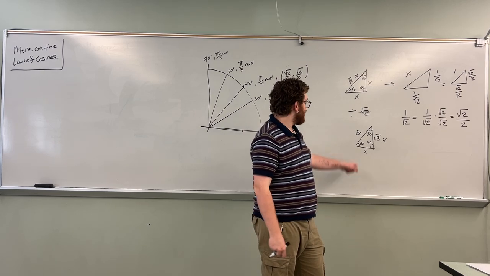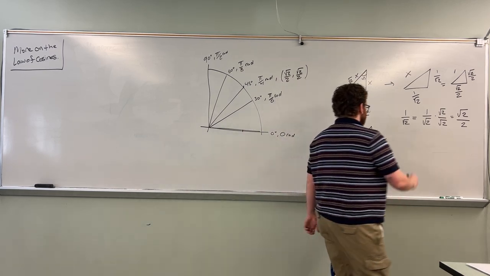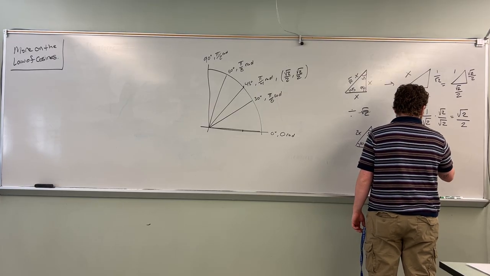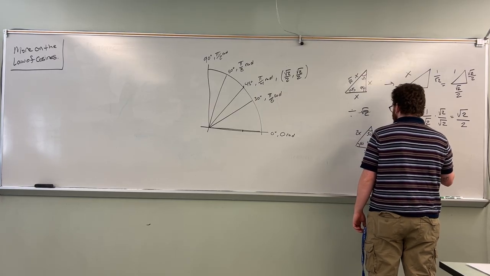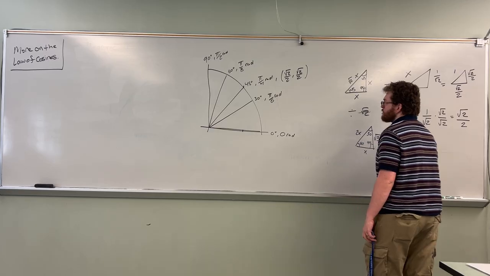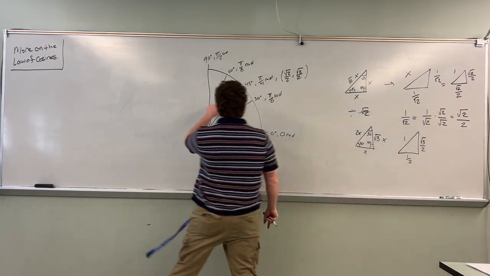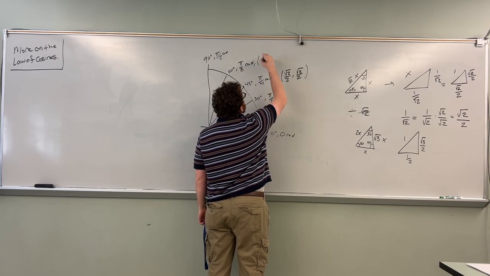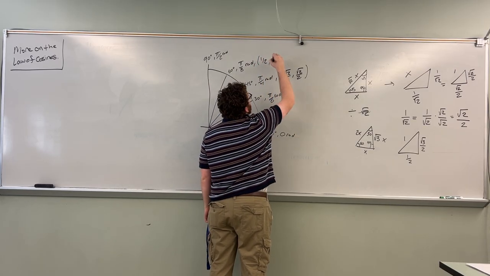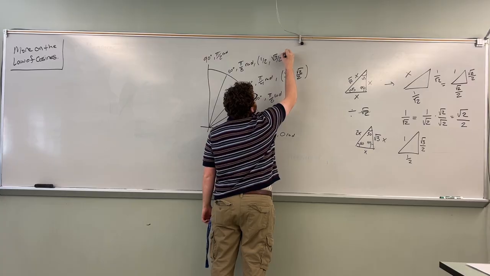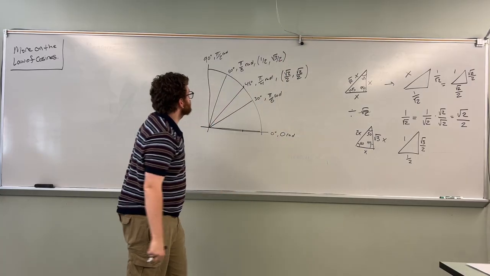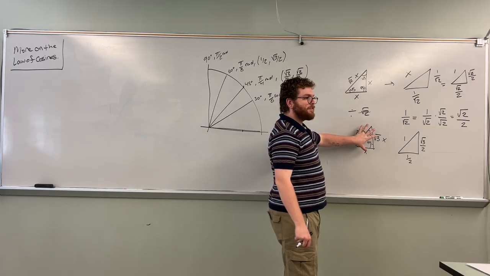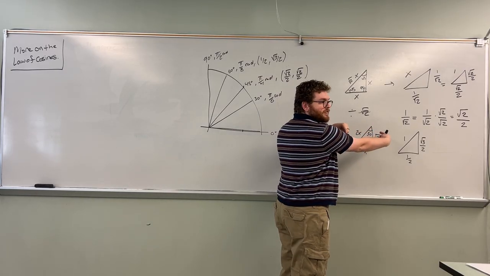So divide everything by 2 so that this is 1. I get 1/2, square root of 3 over 2, and 1. So for my angle of 60 degrees, I get my coordinates. My x value is 1/2. My y value is root 3 over 2. 30 degrees is just if I take and flip this.